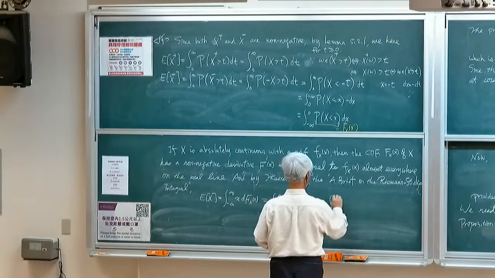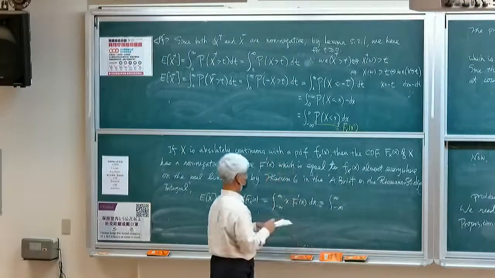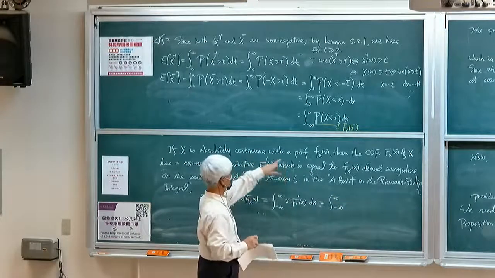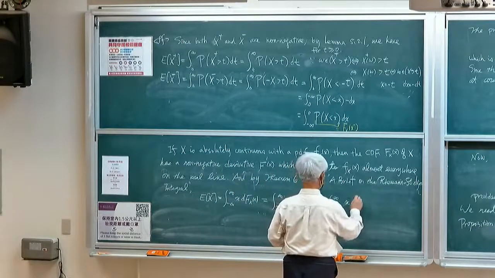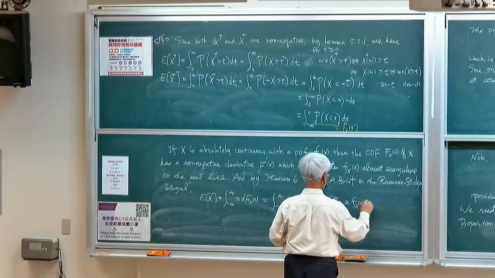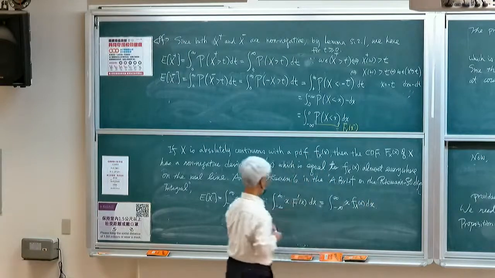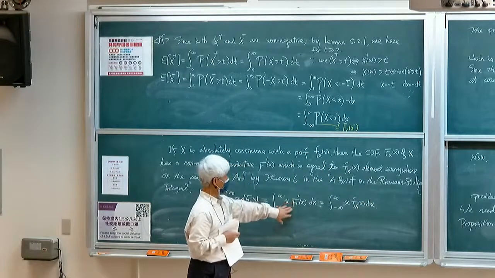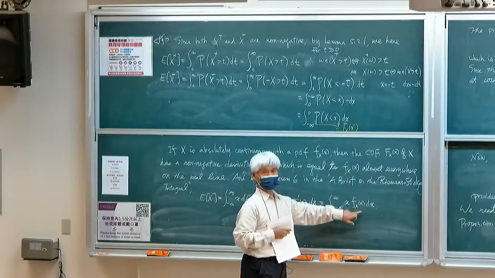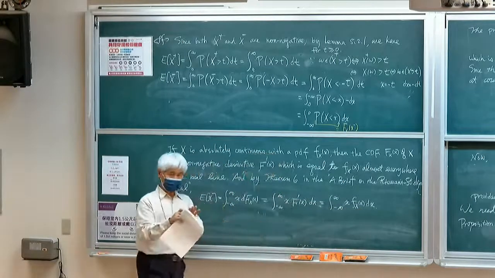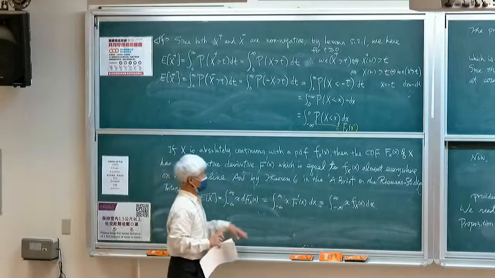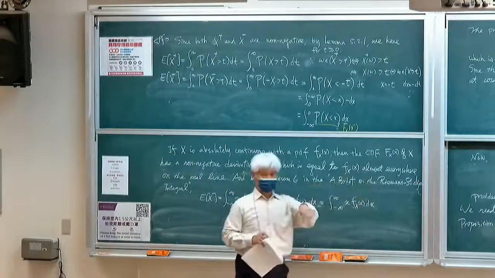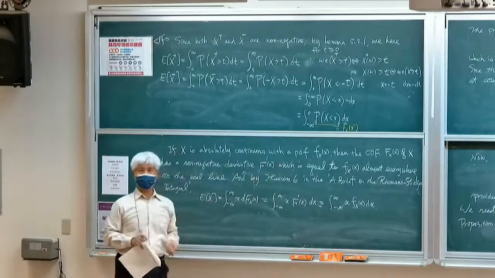Because the derivative is equal to this PDF f(x) almost everywhere, we can replace the derivative by f(x), since they are equal except on a set of points whose total length is equal to 0.